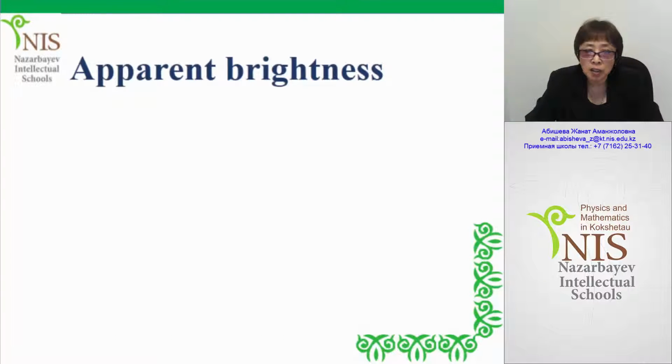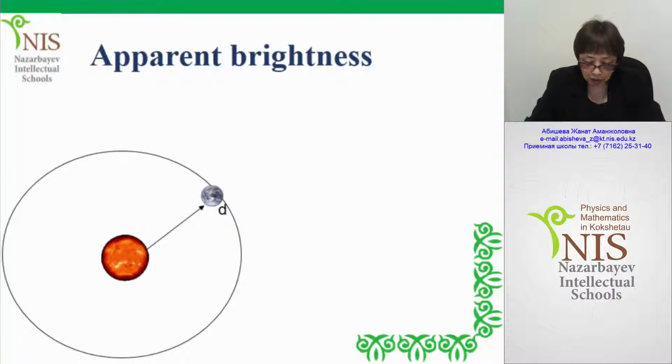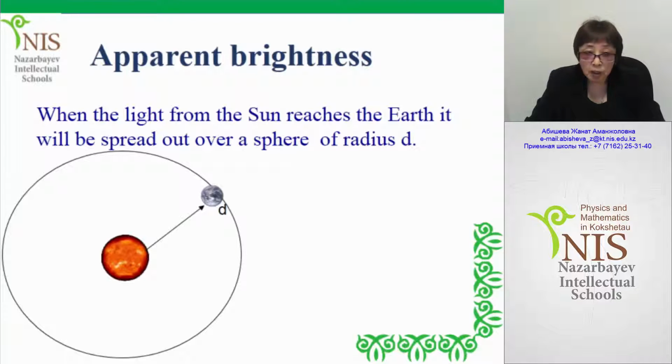Apparent brightness, the next characteristic of a star. The brightness notation is B. This is illustrated in the figure. When the light from the Sun reaches the Earth, it will be spread out over a sphere of radius d.